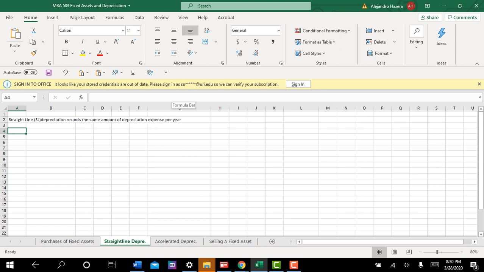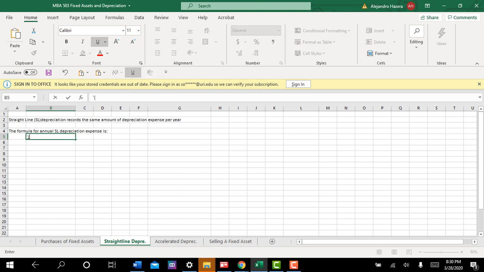The first thing is there's a formula for annual straight-line depreciation expense, and be careful with this one. I'll just write this out.